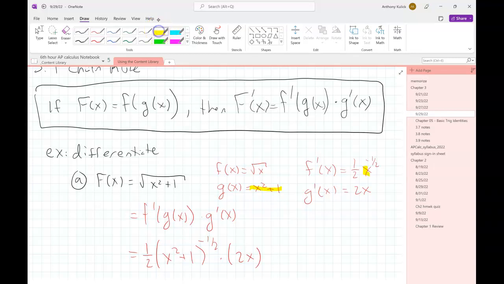The way to think about this is the derivative of the outer times the derivative of the inner. The inner function remained the same when I took the derivative of the outer, and then I multiply by the derivative of the inner function afterwards. We'll do a bunch more examples on this next time.